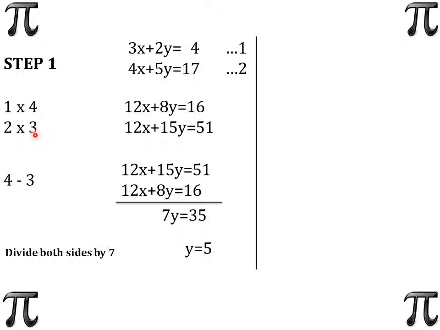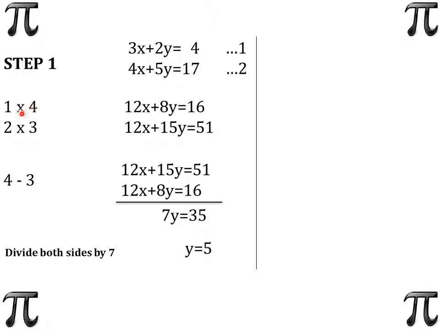Now, as we said, we have to multiply equation 1 by 4, because 4 times 3 is 12, and then in turn equation 2 by 3, because 4 times 3 is 12. So you don't just multiply the x's, you have to multiply the whole equation.